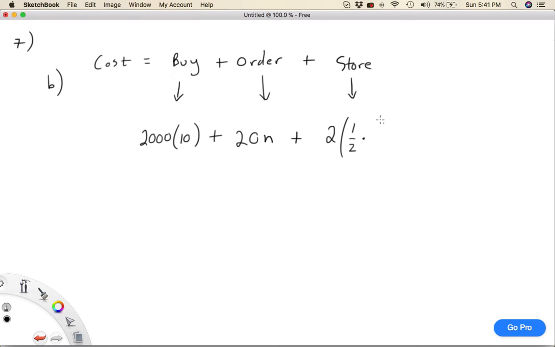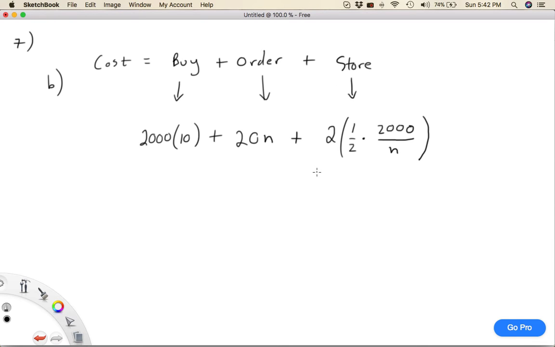And each time you make a purchase, you're going to have to purchase 2,000 divided by n bottles, right? Because you still need those 2,000 bottles, but we're dividing it up into n number of purchases.